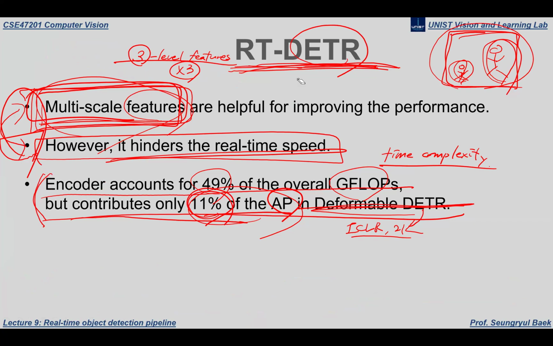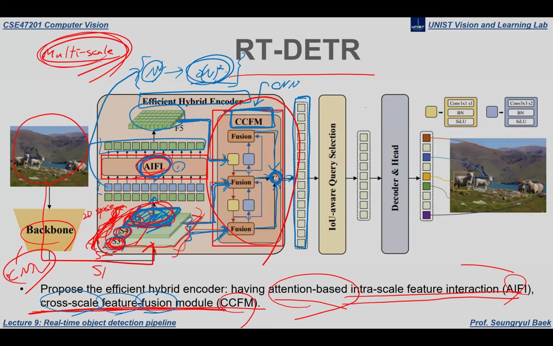By doing that, the overall DETR becomes faster, and also by sampling the decoder input, we can accelerate the decoder, and by using these tricks, we can secure the real-time DETR. Okay.